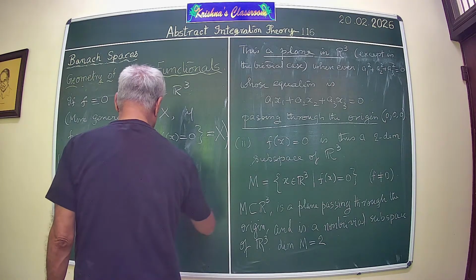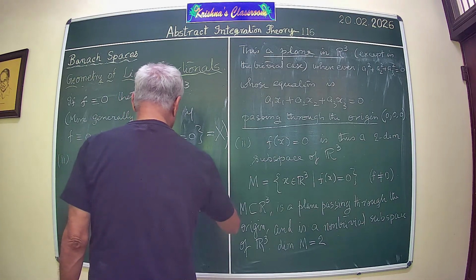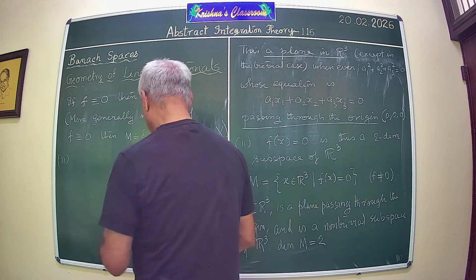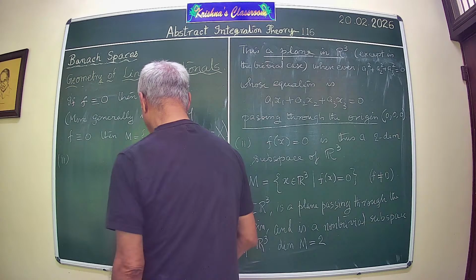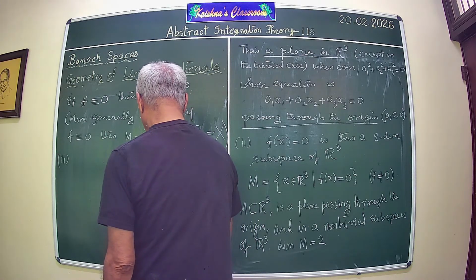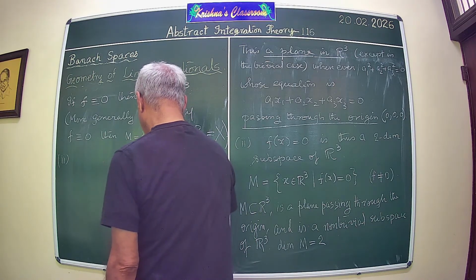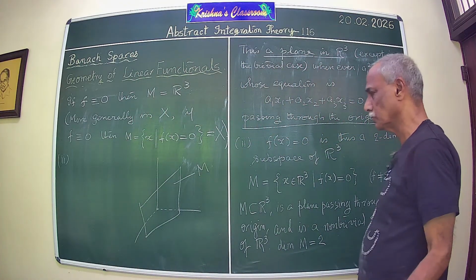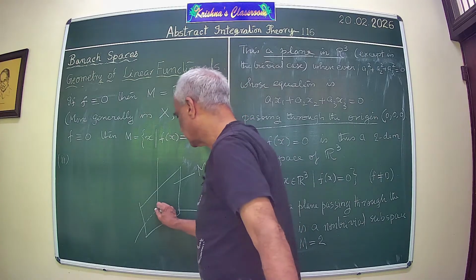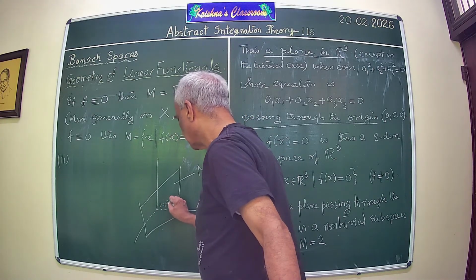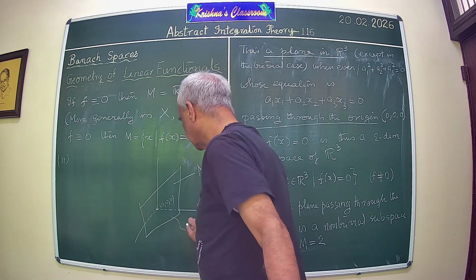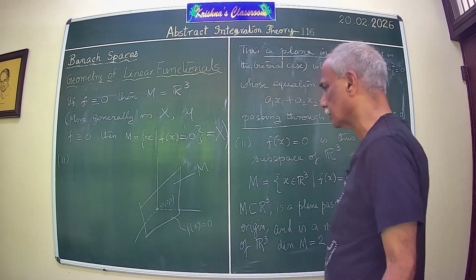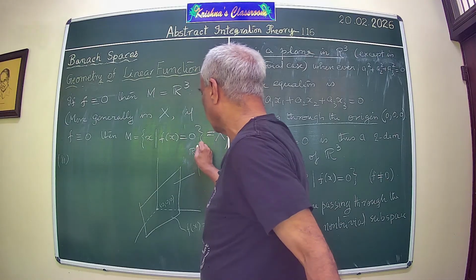Now to have a plane M, this M passes through the origin. Suppose this is 0.